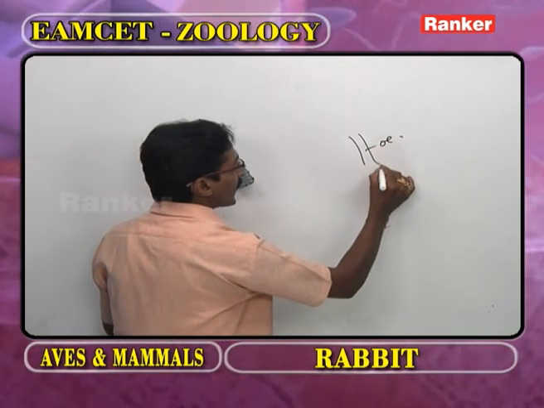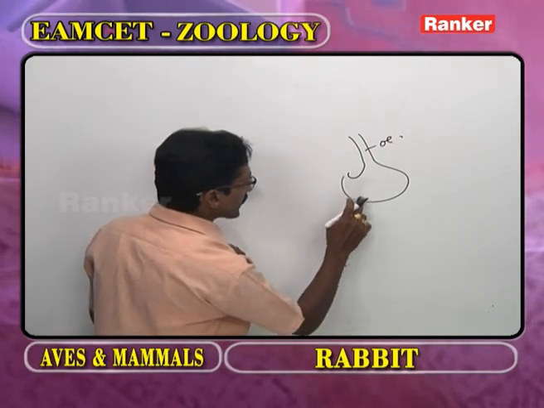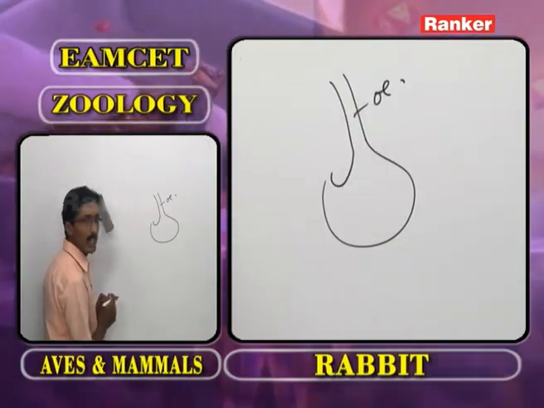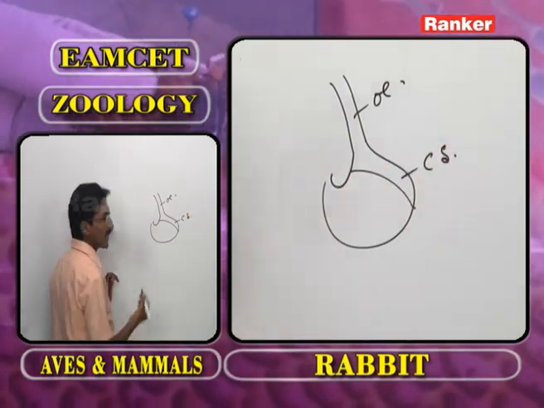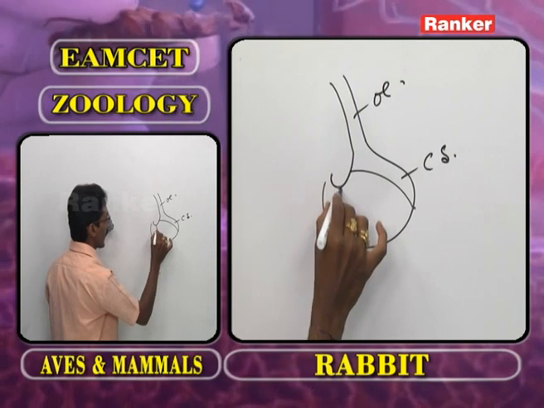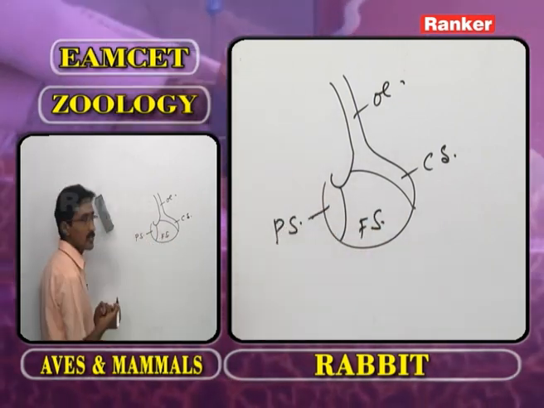Now, the esophagus opens into the stomach. It is the convexity, it is concavity. Now this part we call it as cardiac stomach, we know very well, and this is the fundic stomach, and this is the pyloric stomach.